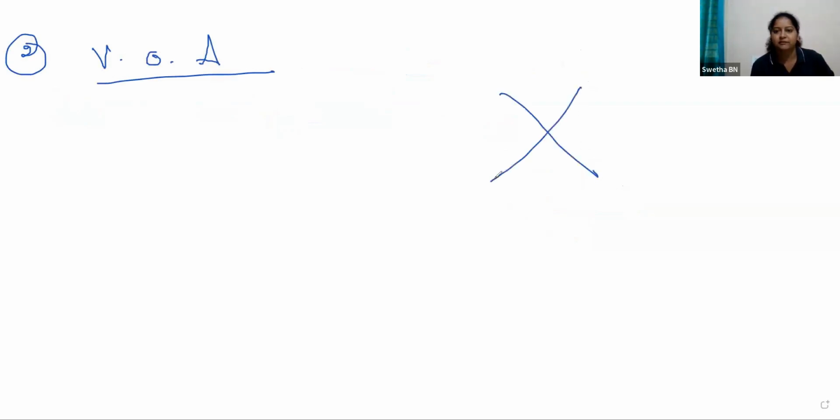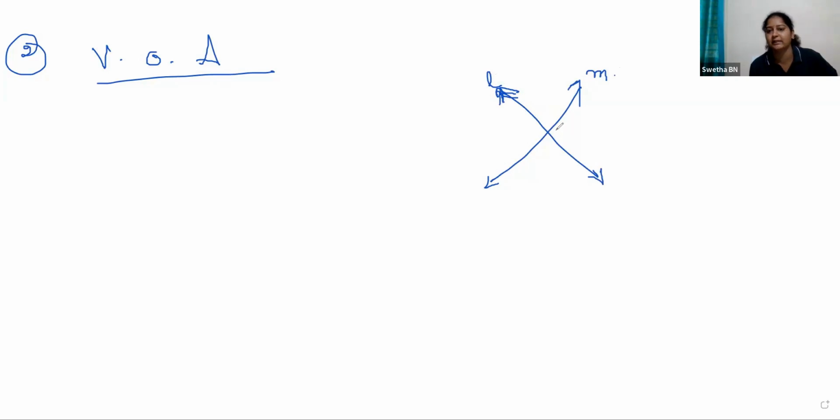And next, vertically opposite angles. Vertically opposite angles means, when two lines, this is L and this is M. A line can be denoted by a single letter. A straight line, not a line segment, can be denoted by a single letter.